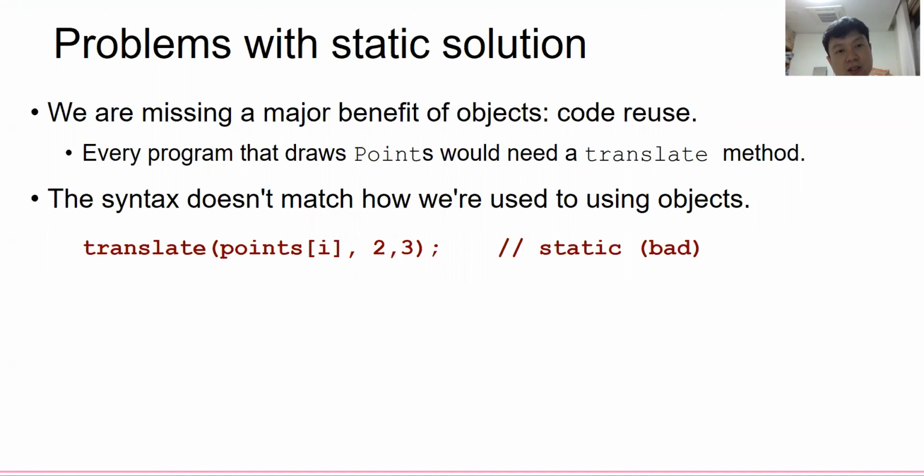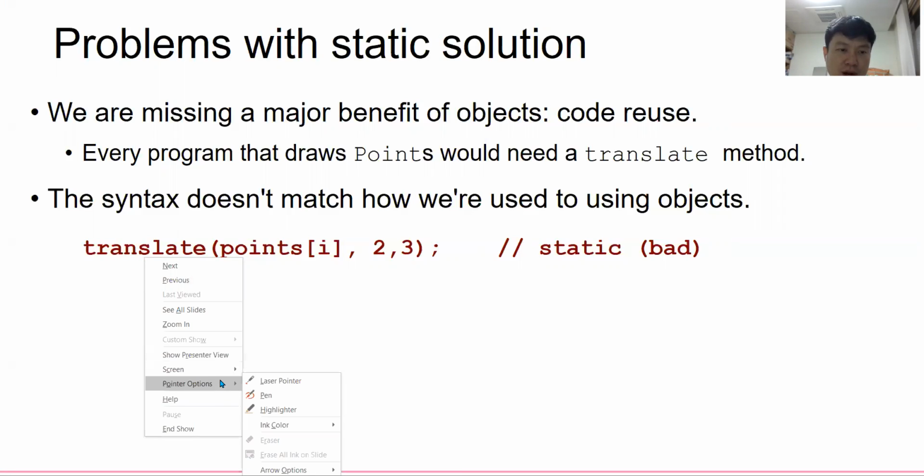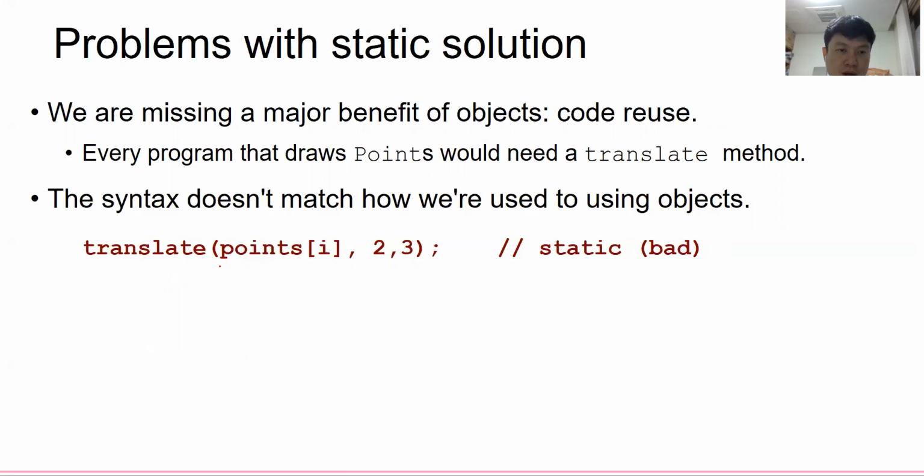The syntax doesn't match how we use objects. With static, the way to access the method is bad, because for every point you need to pass it in as a parameter.